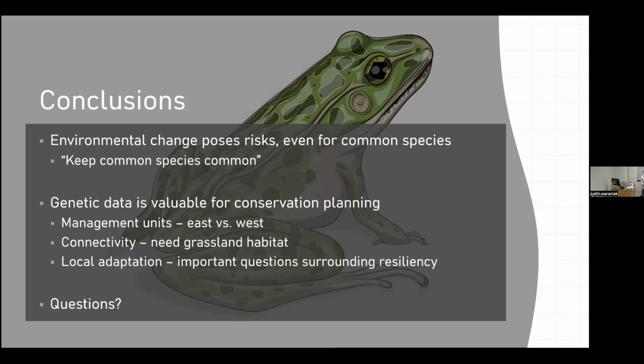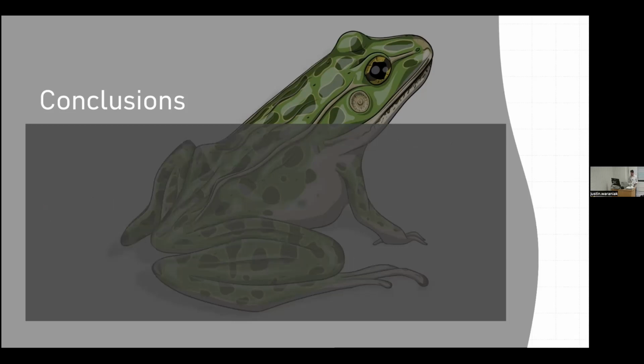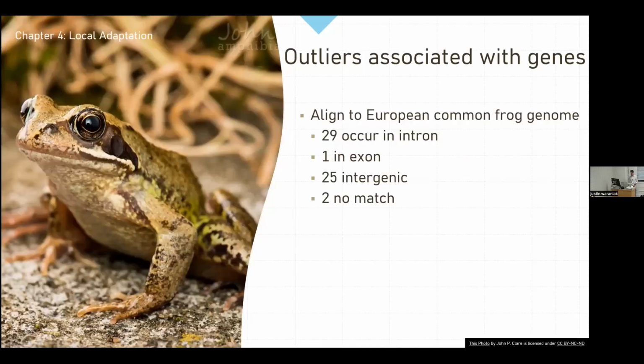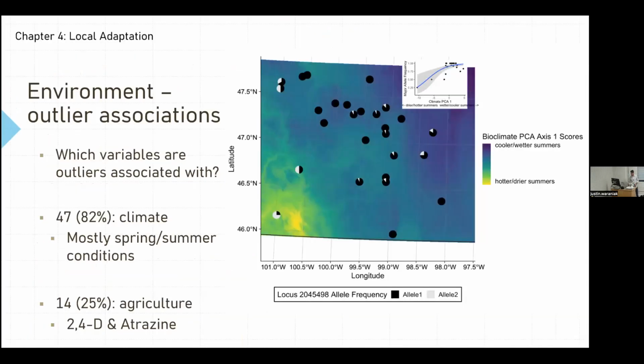Thanks. Flip back to your chapter 4, where we have the little frequency map. Yeah, that's great. One thing that struck me is that those two populations to the far east look a little bit funky in terms of their allele proportions.